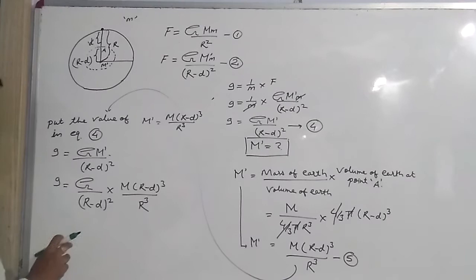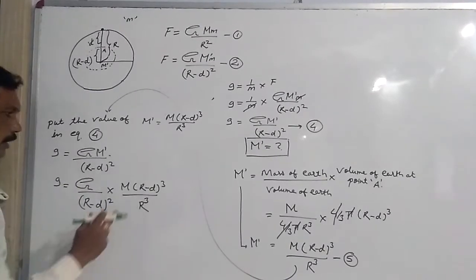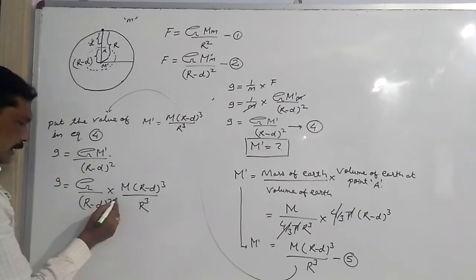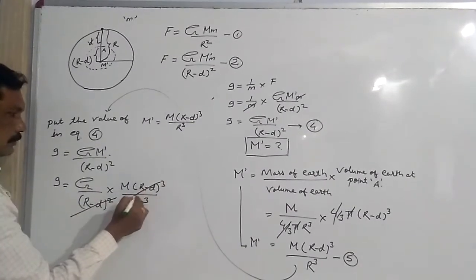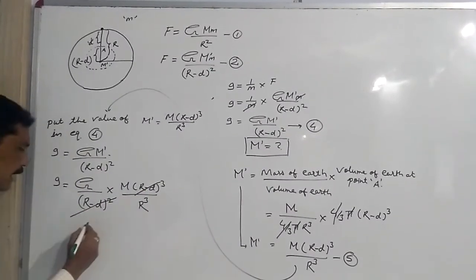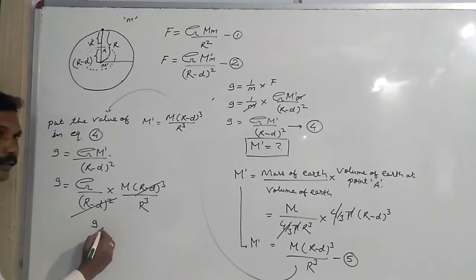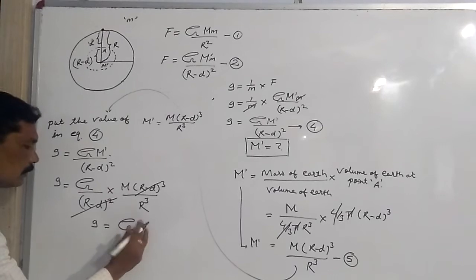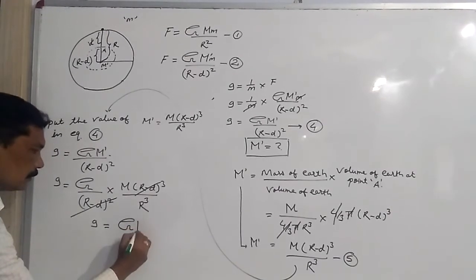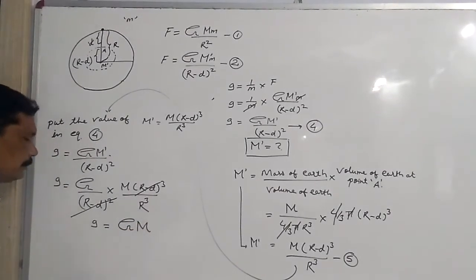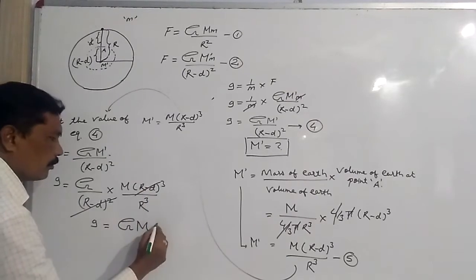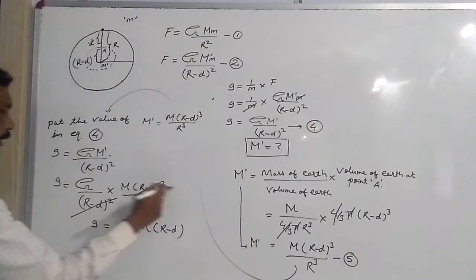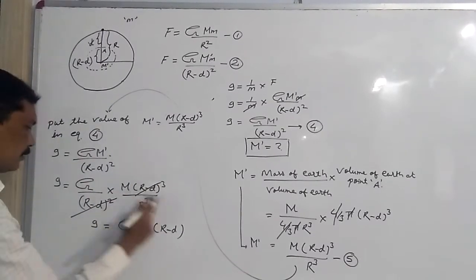Now what will happen here? Observe carefully. R minus D is common, so we'll cut this. What will we get? g is equal to GM, R minus D, since 3 and 2, 1 is left.